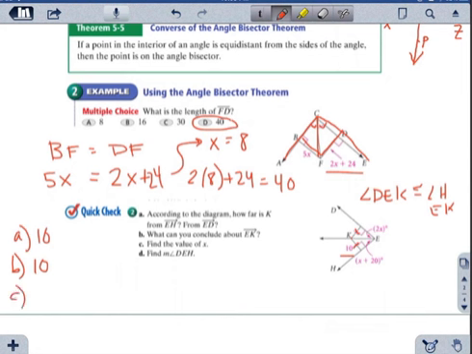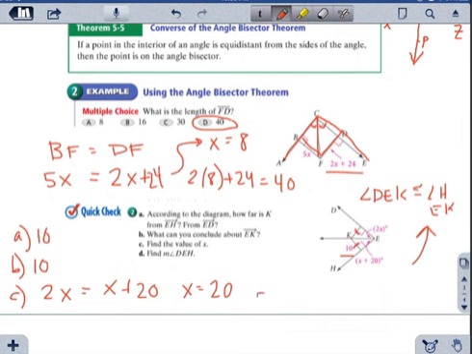For part C, we're asked for the value of x, and now we need to use this relationship that we've established for the angles. We know that angle DEK, which is given as 2x, is congruent to angle HEK, which is given as x plus 20. If we do a little bit of algebra there, we can conclude that x equals 20.